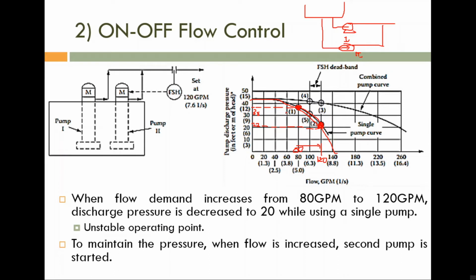If a large change in pressure happens due to the change in flow rate demand, then one more pump is started. Along with pump 1, which continues operating, pump 2 is also started. For that purpose, the flow rate of the discharge line is measured, that is FSH.